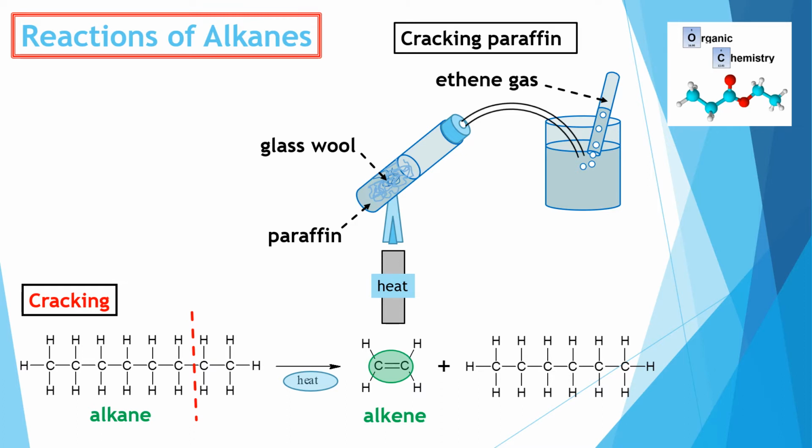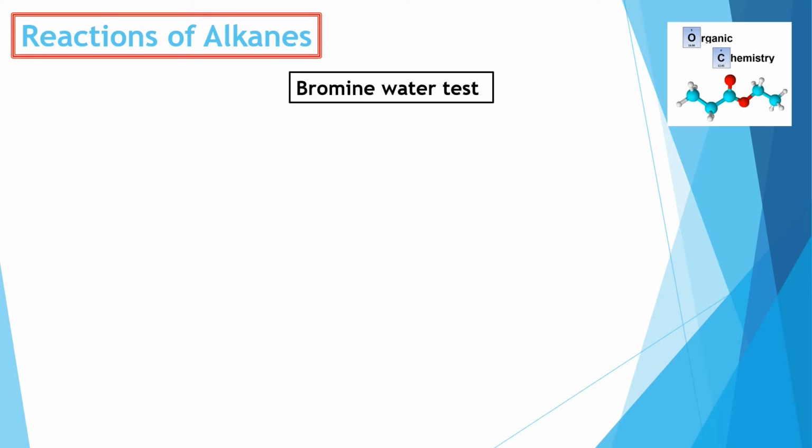So we can use this cracking process to make smaller alkanes, and it's important if you have lots of long chain alkanes, like 20 carbons long, because you can split it up to make 8 carbon chains, which is what you have in petrol, which is octane. So you have a selection of different alkanes in petrol, where one's about 8. So this cracking is used to create smaller alkanes and also alkenes, and that's the process of cracking.